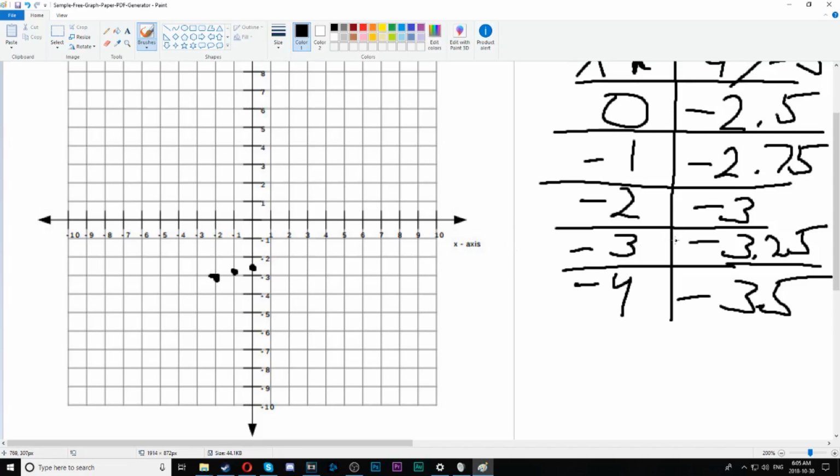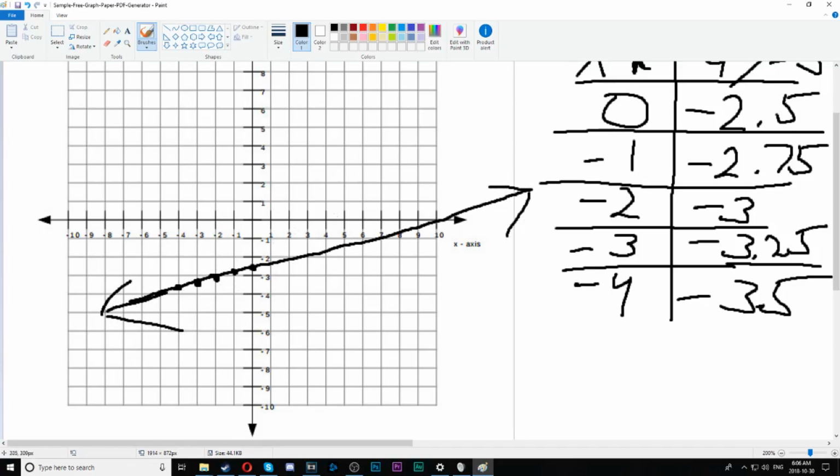Then -3 and -3.25, so somewhere around here. Then -4 and -3.5, it's right here. So the graph is supposed to look like that. Something like that. So it crosses the x-axis at 10.